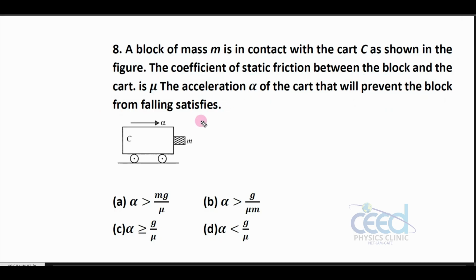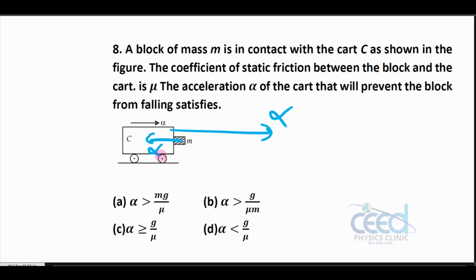You already know one vehicle is going in this direction, and one body is attached here. For it to stay without falling, what is the acceleration we need? Suppose the vehicle gets an acceleration alpha in this direction, then the block gets the opposite acceleration alpha.